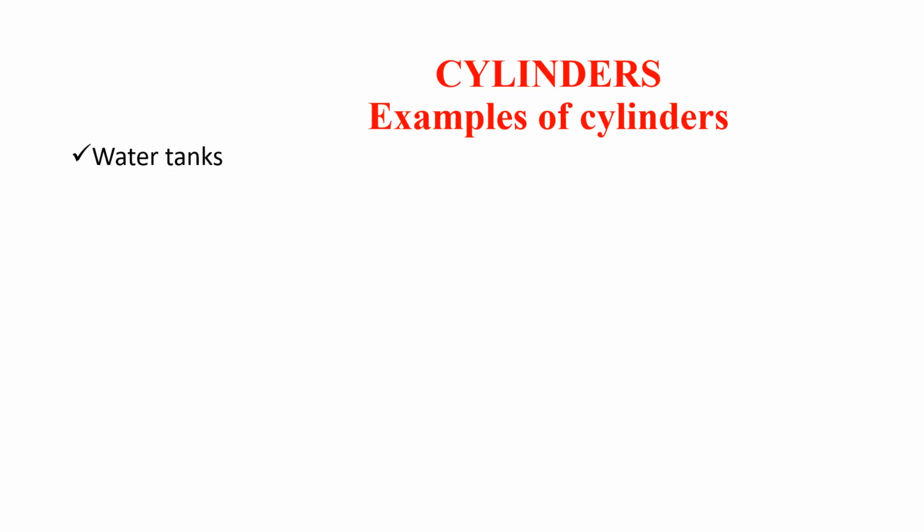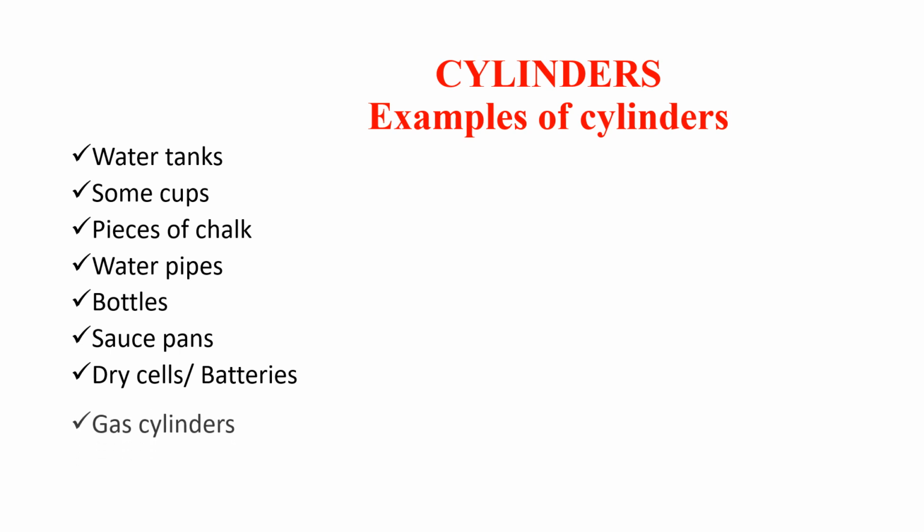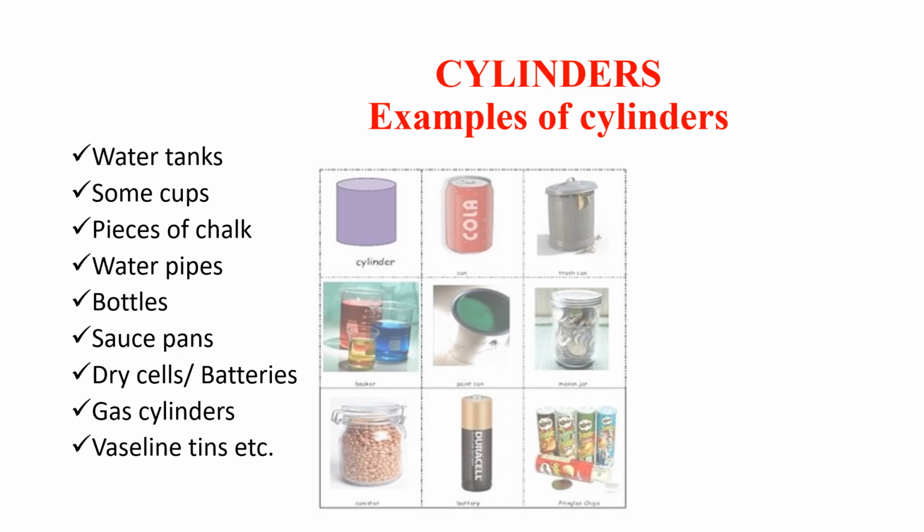Now, what are examples of cylinders? Of course, we have water tanks, cups, and pieces of chalk, which are also cylinders. We have water pipes, bottles, saucepans, dry cells, gas cylinders, and Vaseline tins.